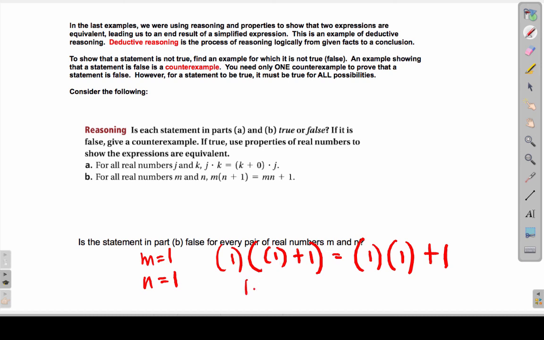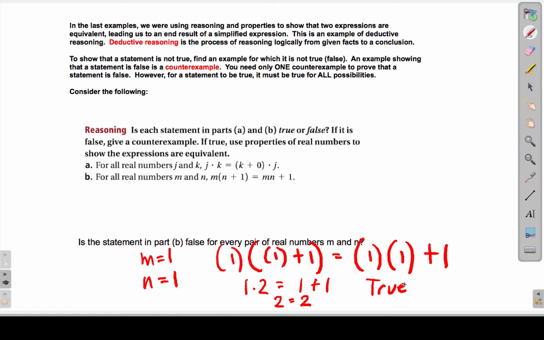So on the left side we'll have 1 times 2 equals, here we have 1 times 1 is 1 plus 1. 1 times 2 is 2. 1 plus 1 is 2. So we get a true statement when m is 1 and when n is also 1.